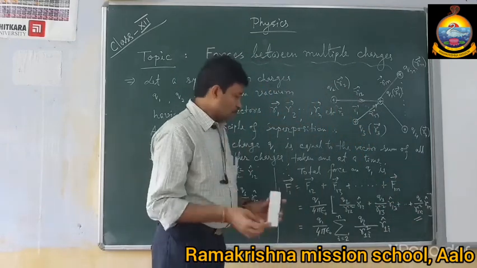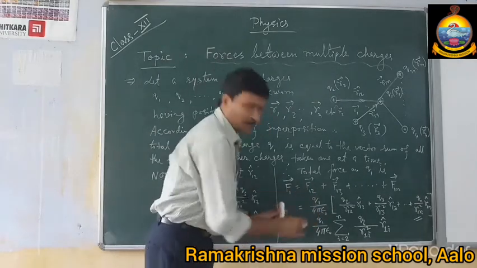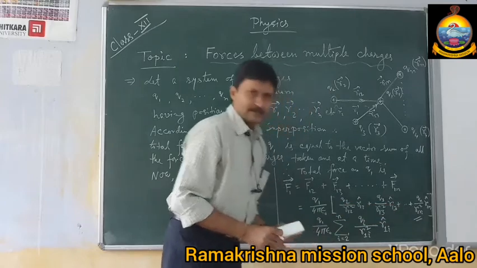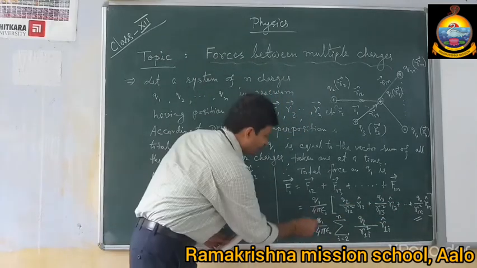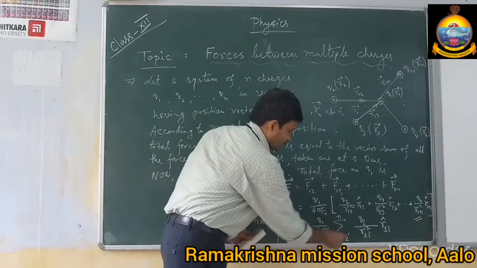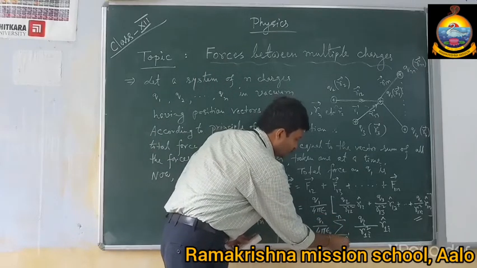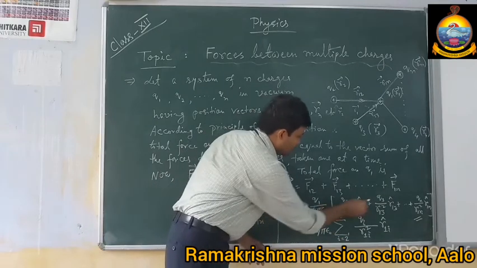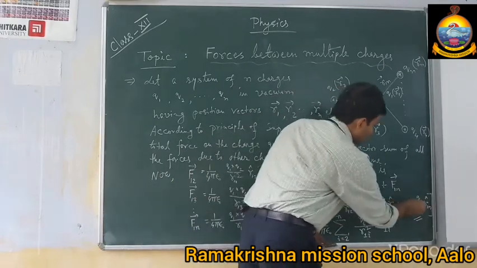But if we want to write it in a short form, then take the summation symbol in place of all the plus signs. We shall get q1 by 4 pi epsilon naught, a constant quantity, keep it outside. Summation i is equal to 2 to n, that is i runs from 2 to n. See here, first term 2, second term 3, in this way last term n.